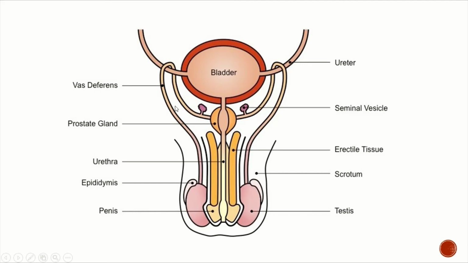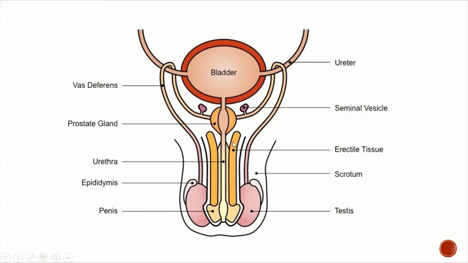Then we have the vas deferens that take those to where they need to go. We have the seminal vesicle making seminal fluid, and whatever is produced here and here makes up the semen. Now we have the prostate gland over here and the urethra, and that's how semen gets outside.